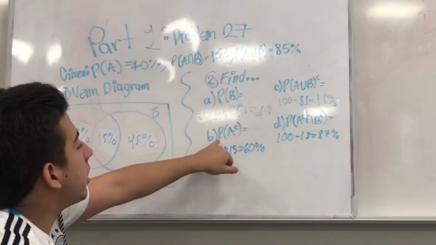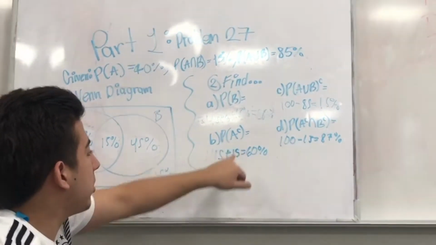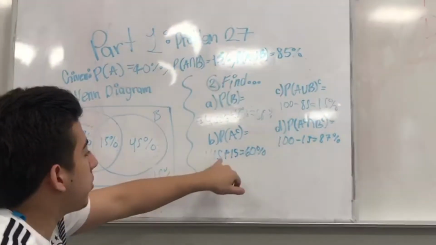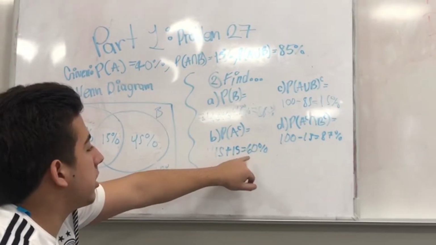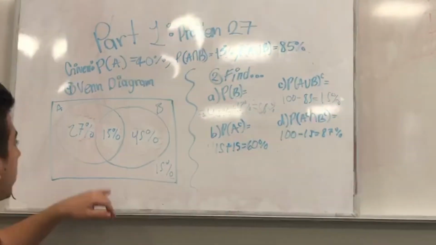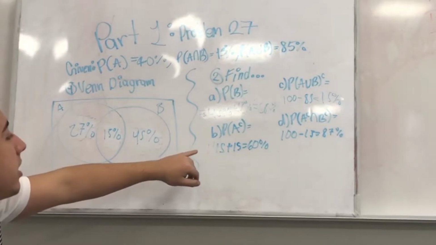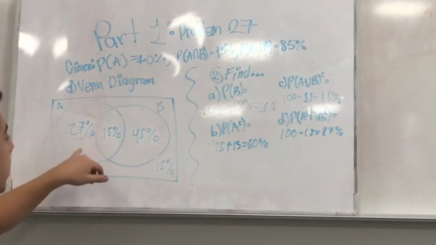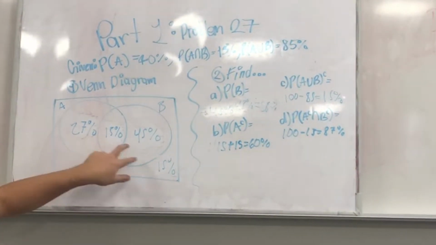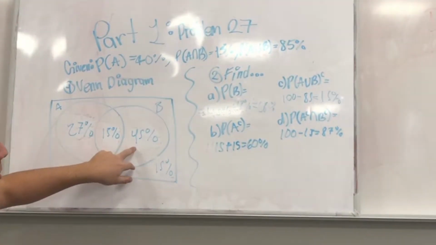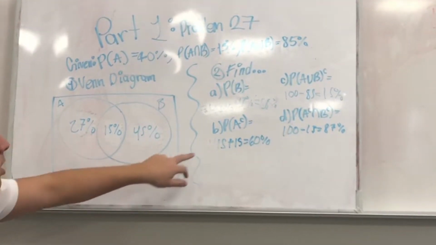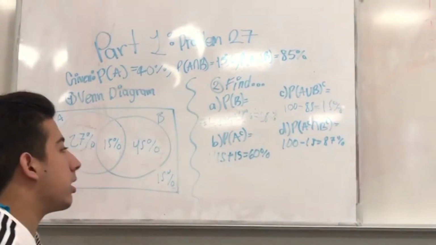The probability of A, its complement, would be 45 plus 15, which is 60%, because that is anything that is not A, and these two are A and these two are not. So we added 45 plus 15 and gave you 60.